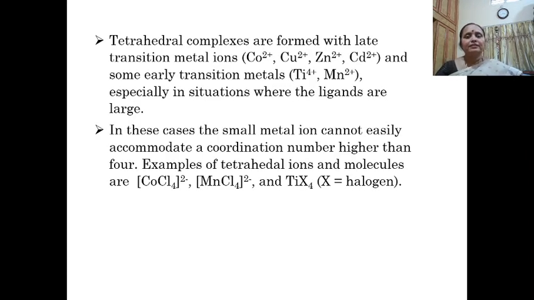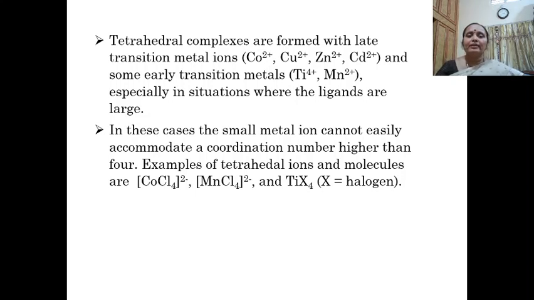Tetrahedral complexes are formed with late transition metal ions, that is, those with atomic number 27, 28, 29, 30, and some early transition elements like titanium and manganese in situations where the ligands are large.